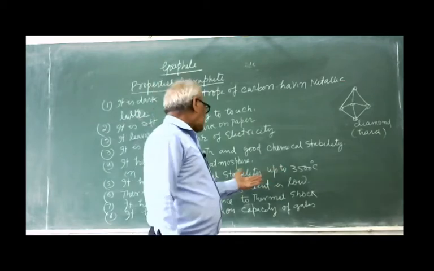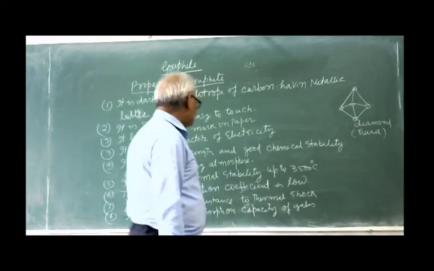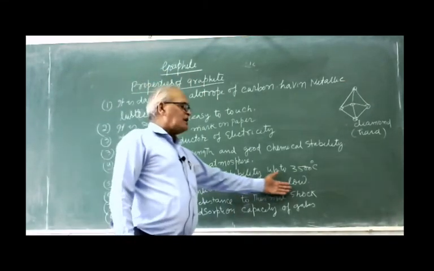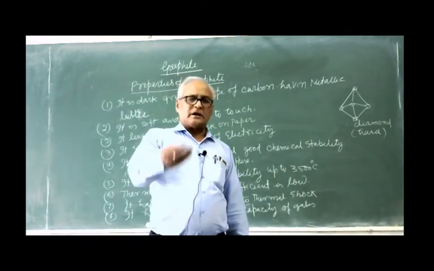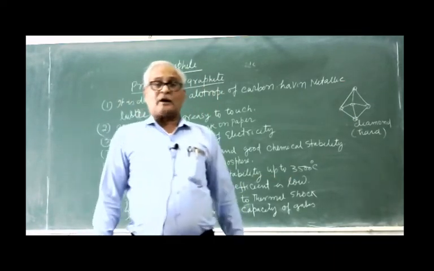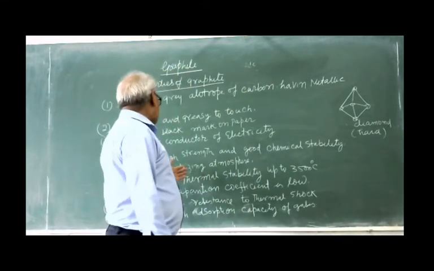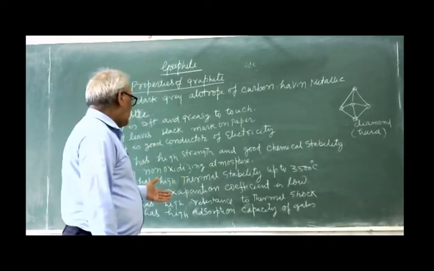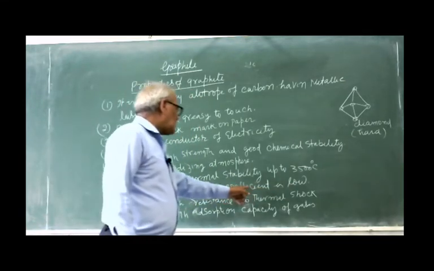So it is thermally stable up to this much temperature. Thermal expansion coefficient is low. You know, in case of metal, if temperature is increased, metal expands because of the high thermal expansion coefficient. So in case of graphite, there is a low thermal expansion coefficient.